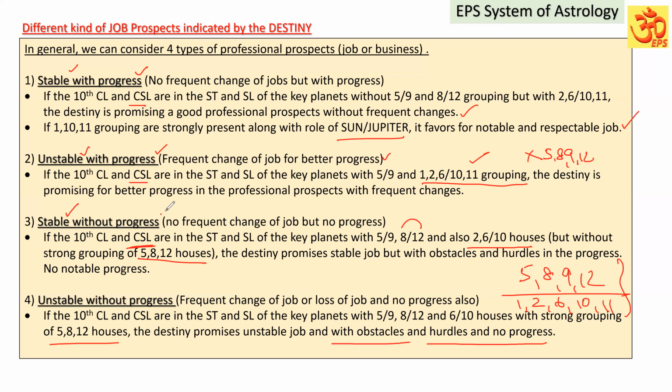So we have to check the destiny planet and the star level and sub level rulers of the destiny, and also the support planets. We have to keep them as favorable or unfavorable key planets. Based on that, we can decide how the Dasa periods are going to give their impact. I think we are able to understand.